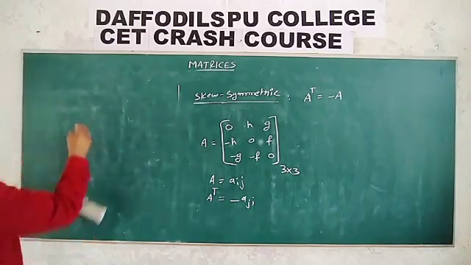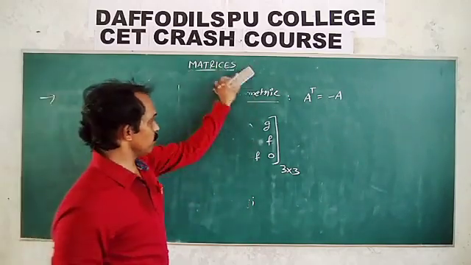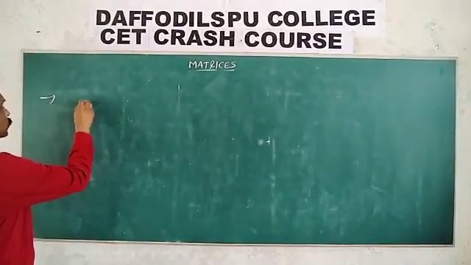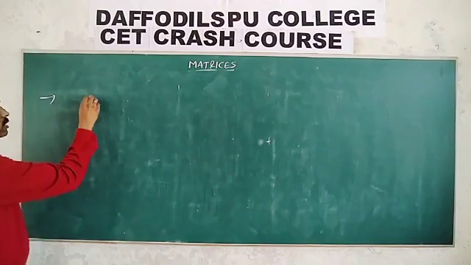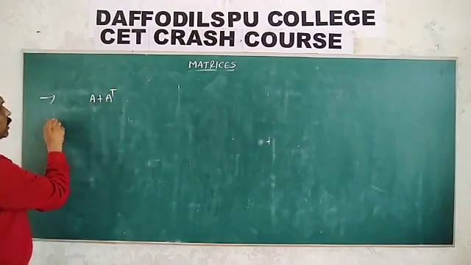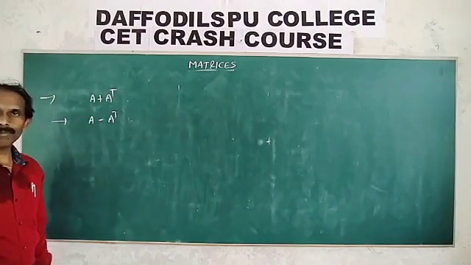Another definition, there in the theory. Symmetric matrix in another way: A plus A transpose is a symmetric matrix, and A minus A transpose is a skew symmetric matrix.